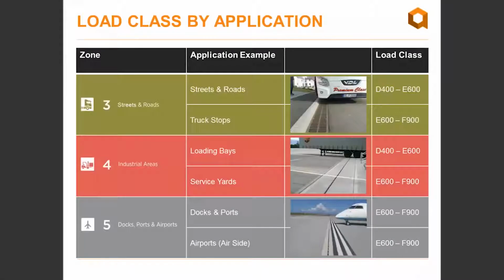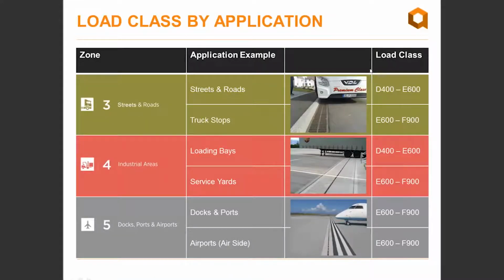Then zone 3, streets and roads. So let's take a residential street where you put the trench drain next to a curb. Then D400 seems to be fine for the load class in that situation. Now, if you have, like in the picture, a bus that is going frequently over it, then E600 is the load class to consider.